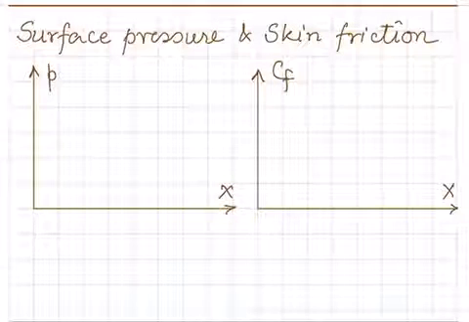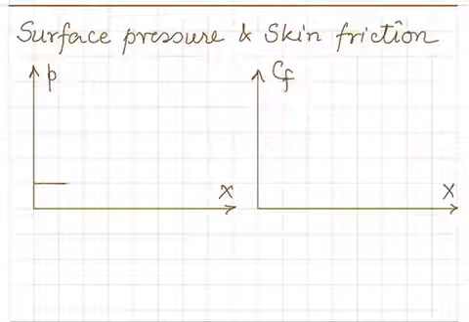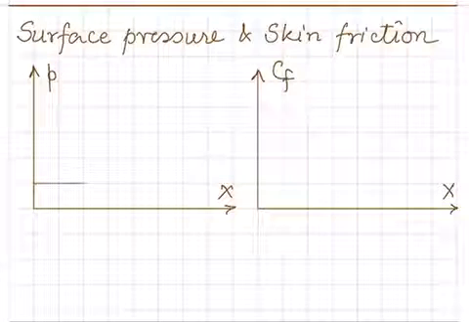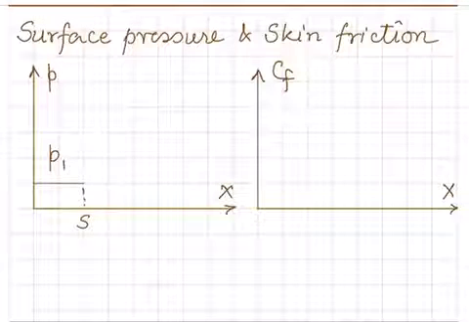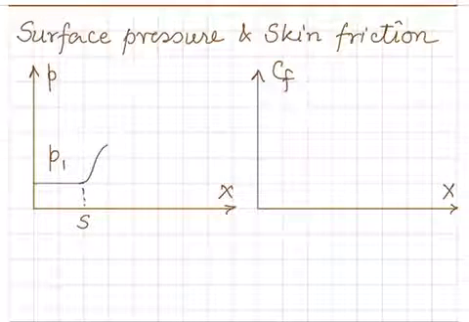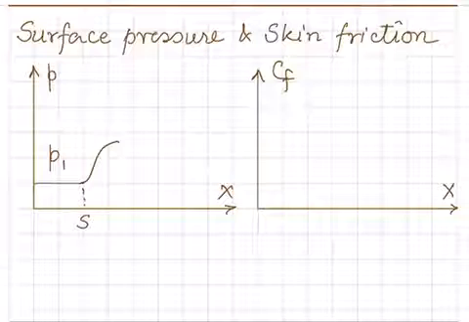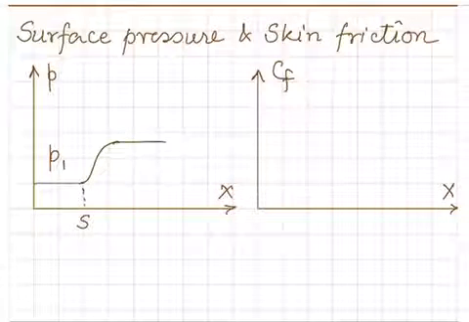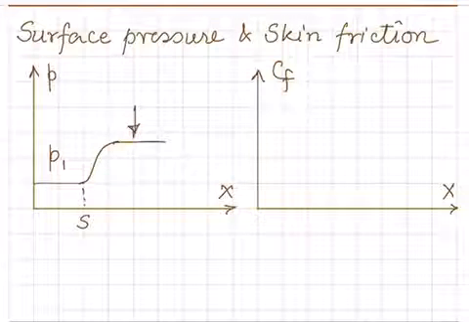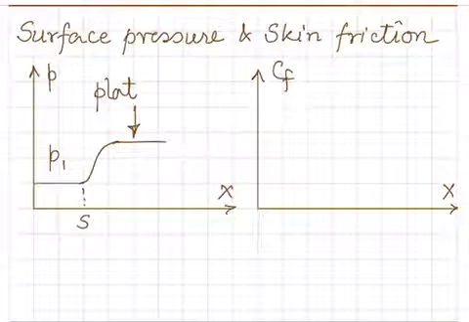Pressure remains at the undisturbed P1 condition until it hits the separation point, at which it rises because of the separation shock. And in the separation bubble between S and R, it attains a kind of uniform value, which is called the plateau.